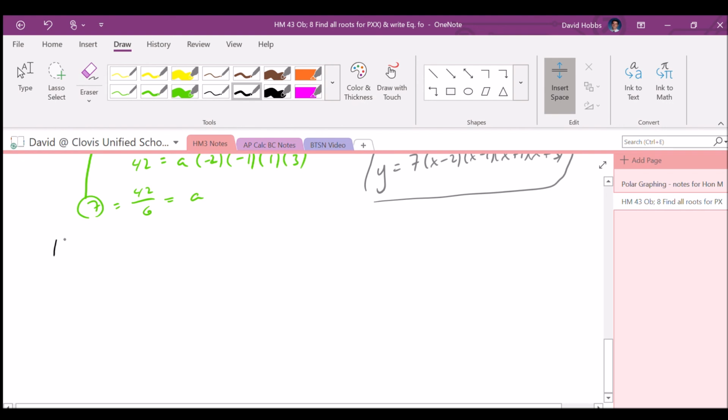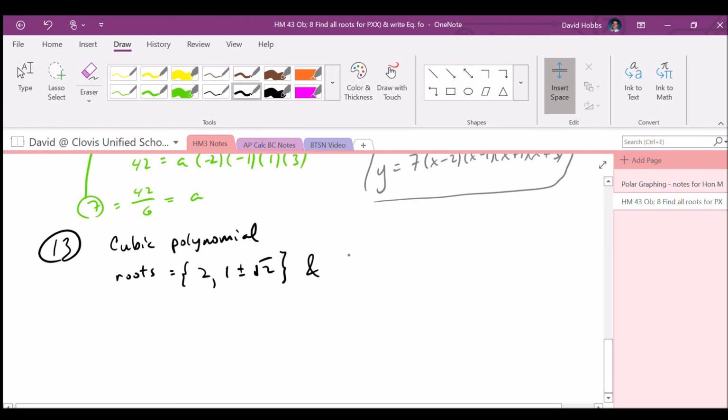Okay, last problem. Number 13. It's a cubic polynomial. We're writing the equation. It has roots 2 and 1 plus and minus root 2. And then it also has f of 4 is 7.